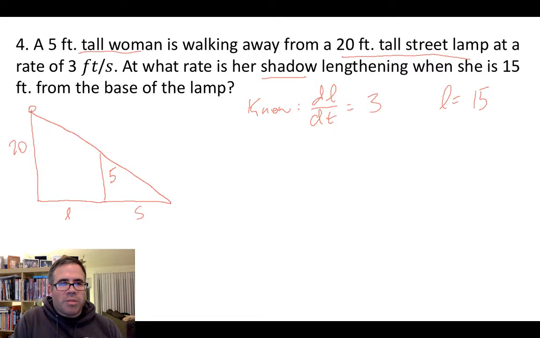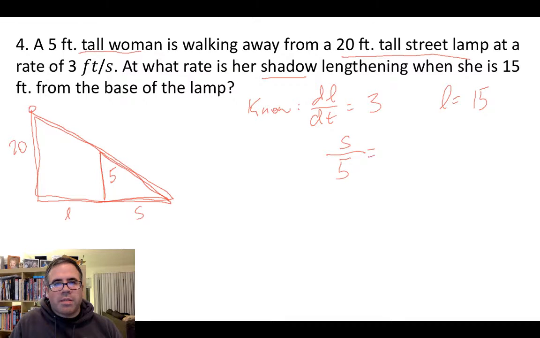So I'm going to pick out the similar triangle relationship. This tiny triangle here is similar to the big triangle here. So we'll set up a ratio. The ratio between two sides of the small triangle, S and 5, is equal to the corresponding sides of the large triangle. So the side that corresponds with S in the large triangle is L plus S. The side that corresponds with 5 in the large triangle is 20.